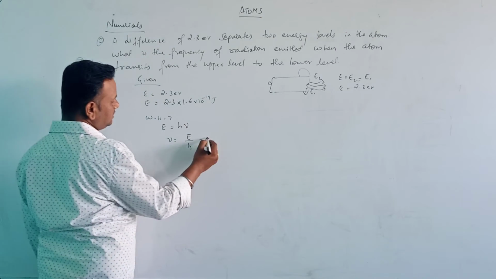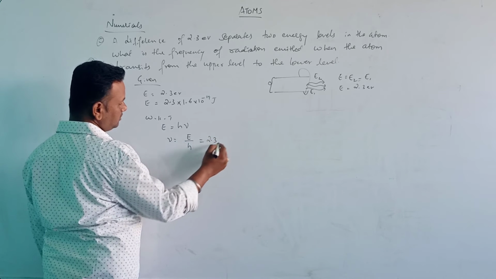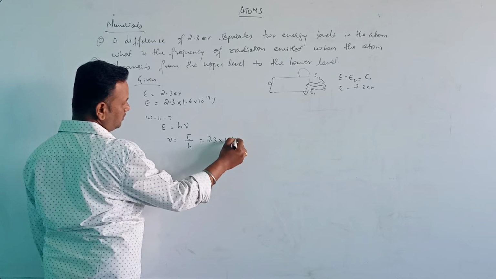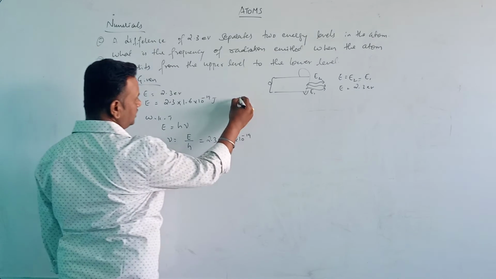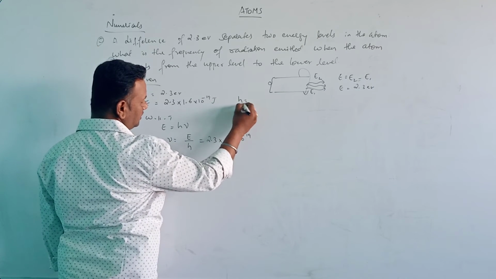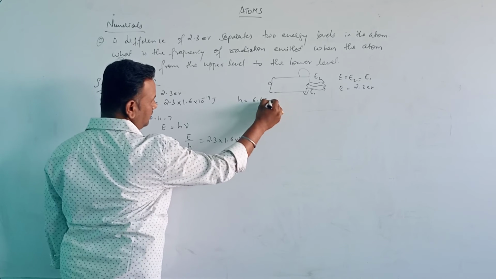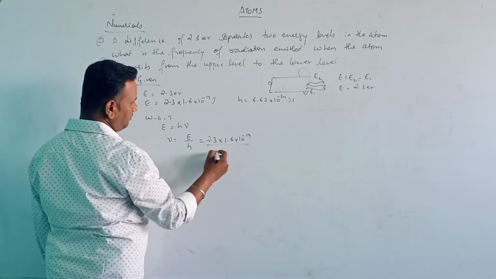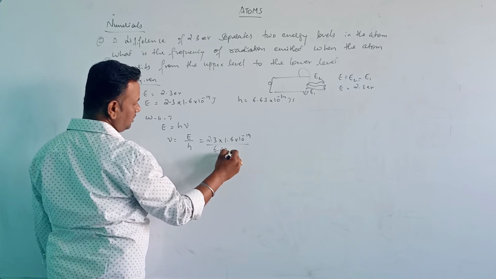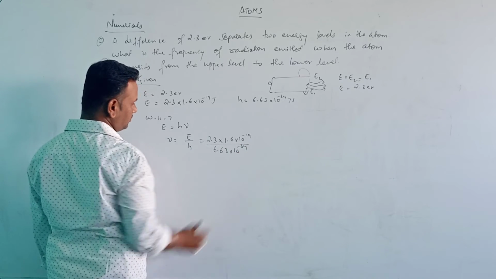So here E value is 2.3 into 1.6 into 10 to the power of minus 19, and you should remember that always Planck's constant is h equal to 6.63 into 10 to the power of minus 34 joule second. So divide by 6.63 into 10 to the power of minus 34.